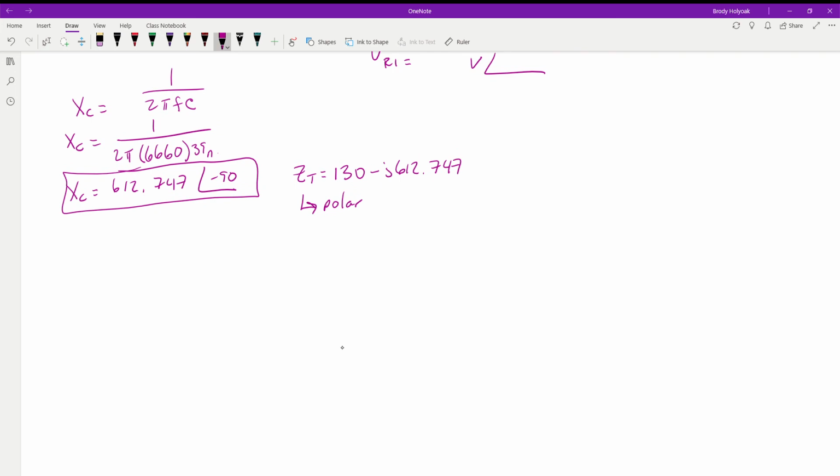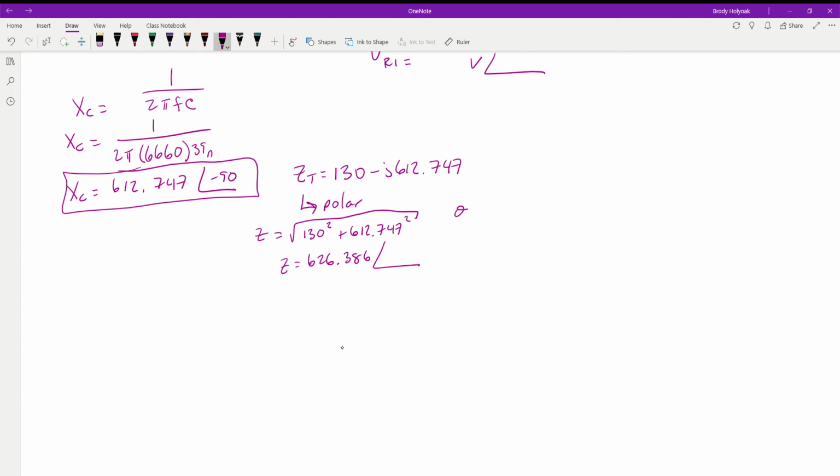Which is the 130 squared plus the 612.747 squared. Square root of that is equal to the magnitude. The magnitude of that is equal to 626.386.